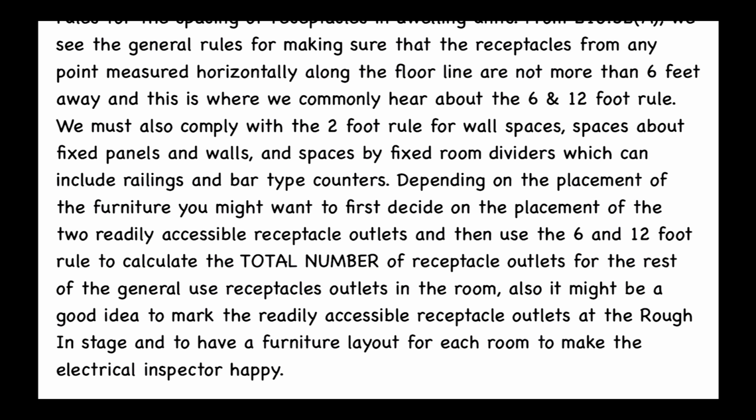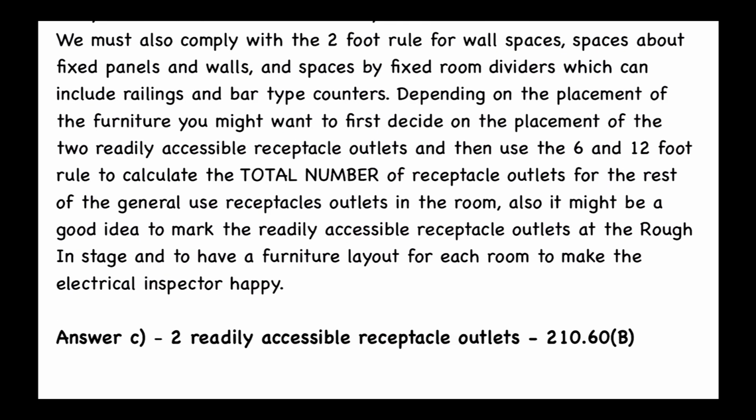It also might be a good idea to mark the readily accessible receptacle outlets at the rough-in stage, and to have a furniture layout for each room to make the electrical inspector happy. And again, our answer is 2 readily accessible receptacle outlets.